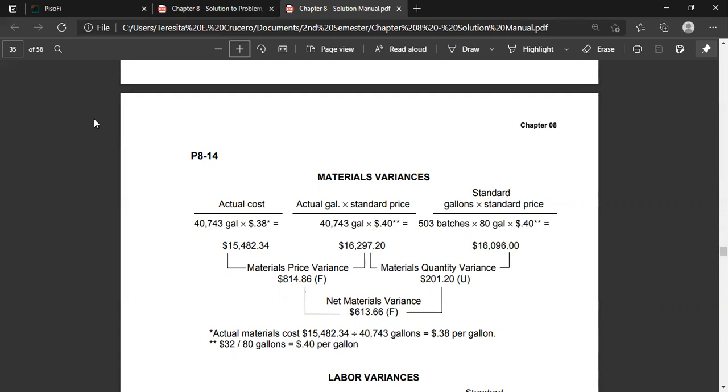For material quantity variance, it's 201.20. Okay, now the net variance will be taken by adding. Okay, net material price variance of 814.86, while for material quantity variance is 201.20.